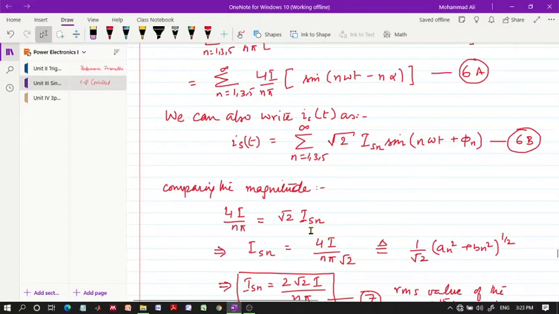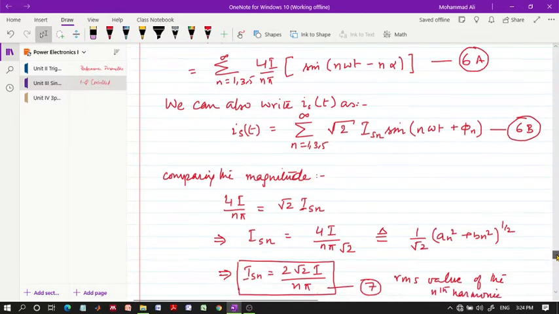S means supply, N means nth harmonic. So the RMS value of the supply current's nth harmonic is given by 4I by n pi root 2. This can be derived from this equation as well. If you know the values of AN and BN and derive it from this portion, you will get this same formula.